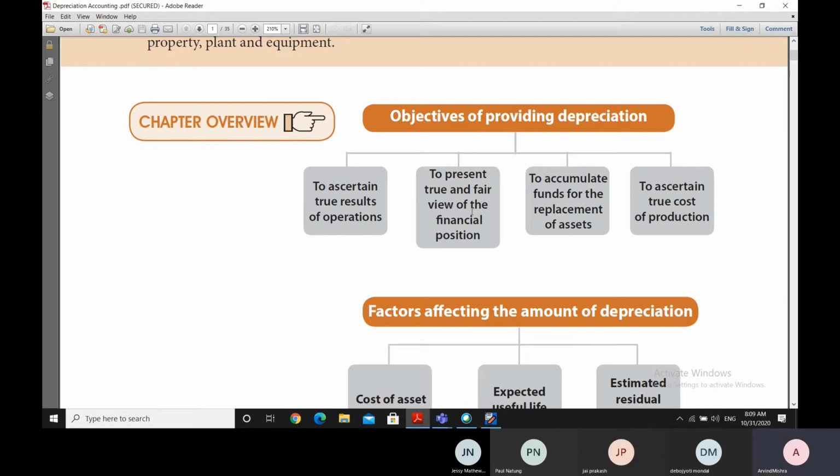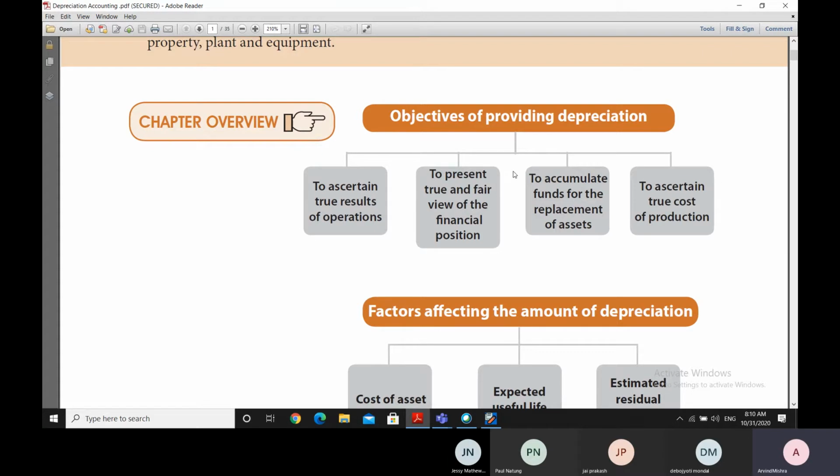We provide depreciation also to accumulate the funds for the replacement of assets. As our assets are being used up, we know that after a certain period of time, we'll have to sell them and buy new assets. So we'll have to replace the older assets with the new ones, and therefore we need to have funds for that.